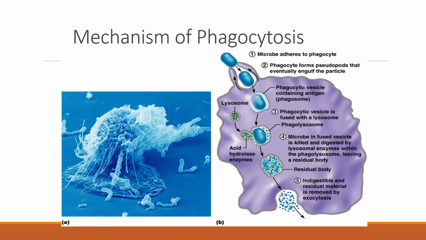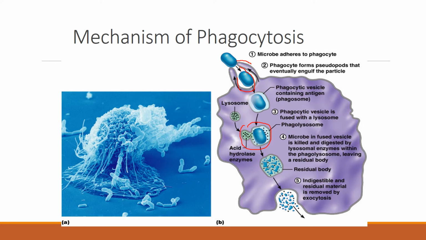So when we look here for the steps of phagocytosis, step 1, the microbe is going to adhere to the phagocyte, and then via endocytosis we're going to have ingestion of that microbe. Then there's going to be that phagosome, which is the binding of the lysosome to that bacteria, and so a phagolysosome will form.